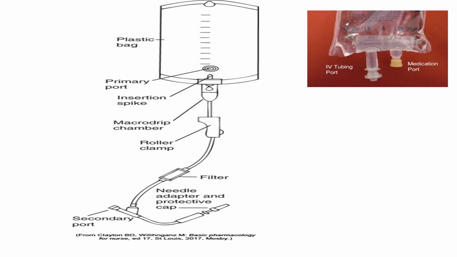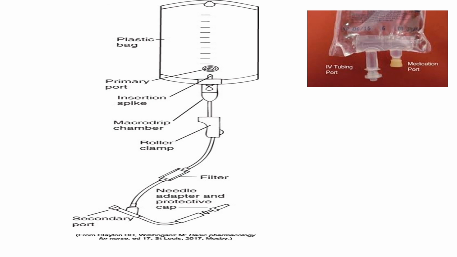And then there's the medication port, and that's used when pharmacy adds any type of medication to the IV solution, medications or electrolytes. They're usually given through that medication port. Nurses don't typically add medications. That's usually done by pharmacy.